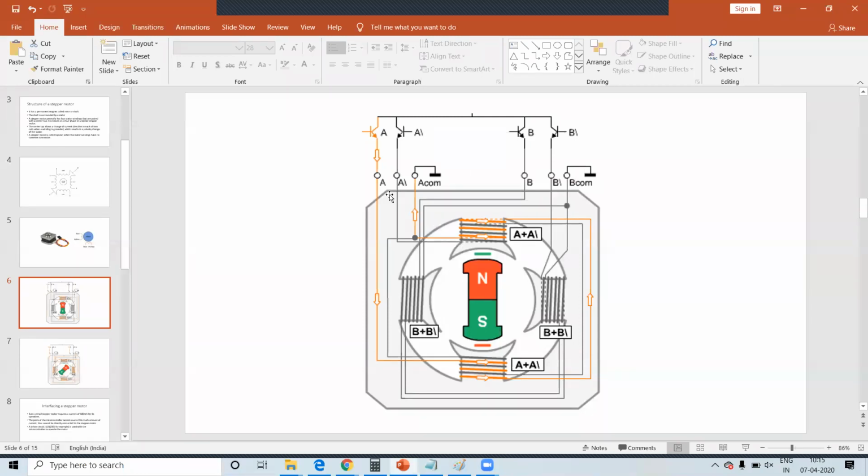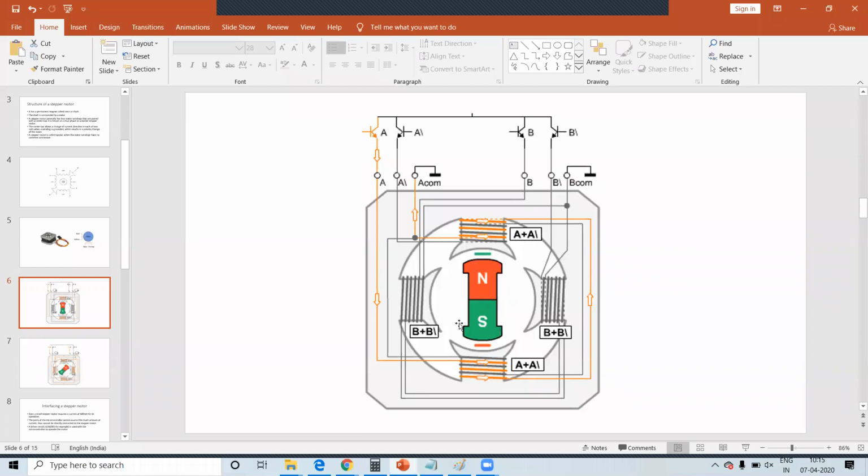So what it means is, when you pass current through A and A slash is grounded, at that time electricity flows through this wire in the shown direction, and in the same direction in this shaft also.